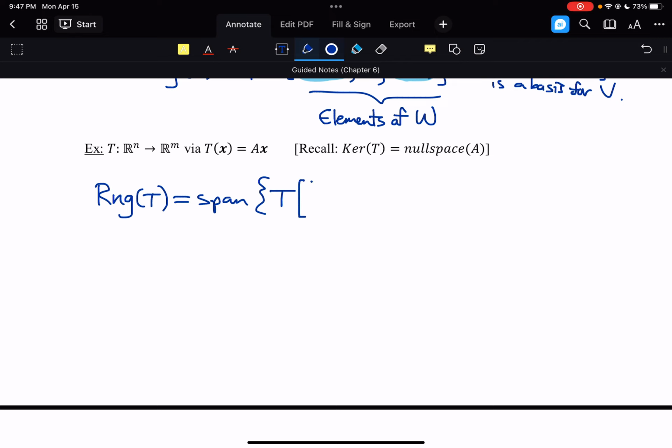I put these in columns because it multiplies like these ones with this one. It's a column vector. So we get 1 with zeros. We get 0, 1 with zeros. And then all zeros until we get to the 1 down at the bottom.